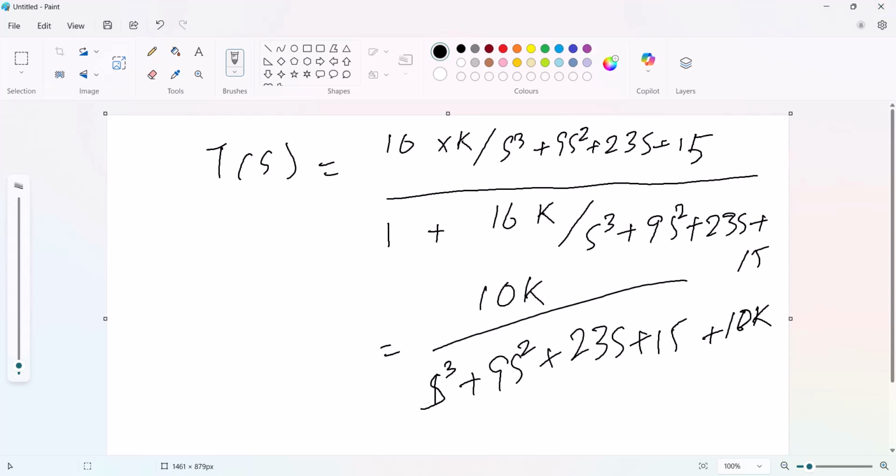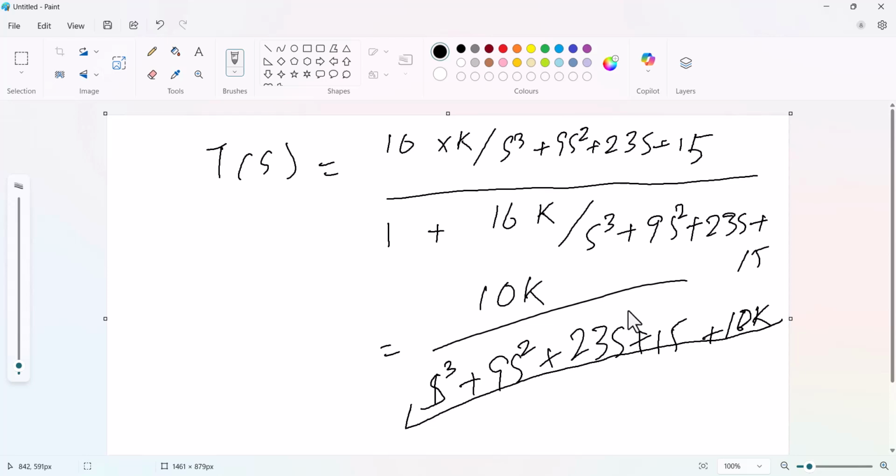Let me check this. Yes, it's 10K. Now this is the closed loop transfer function T of s and this is the denominator. We will make the Routh-Hurwitz table of s cubed plus 9s squared plus 23s plus s raised to the power 0, 15 plus 10K.